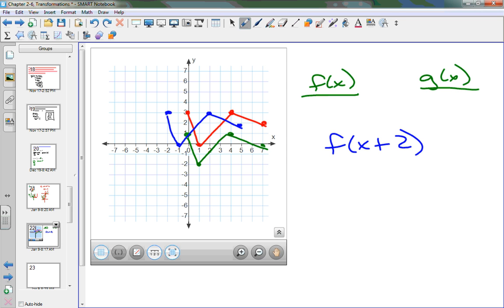You see that? I'm just saying I did both. I don't want you to do both, blue and the green. The green is just going to be the f of x, and the blue is going to be the f of x plus 2. There's a difference.